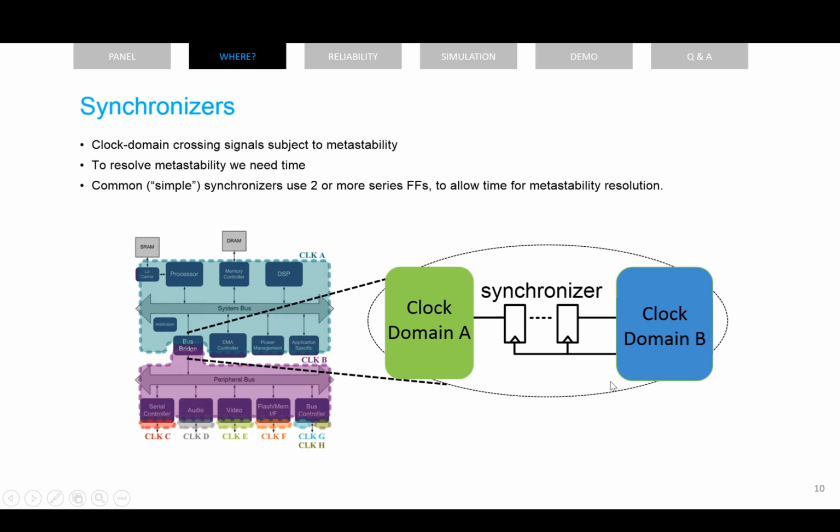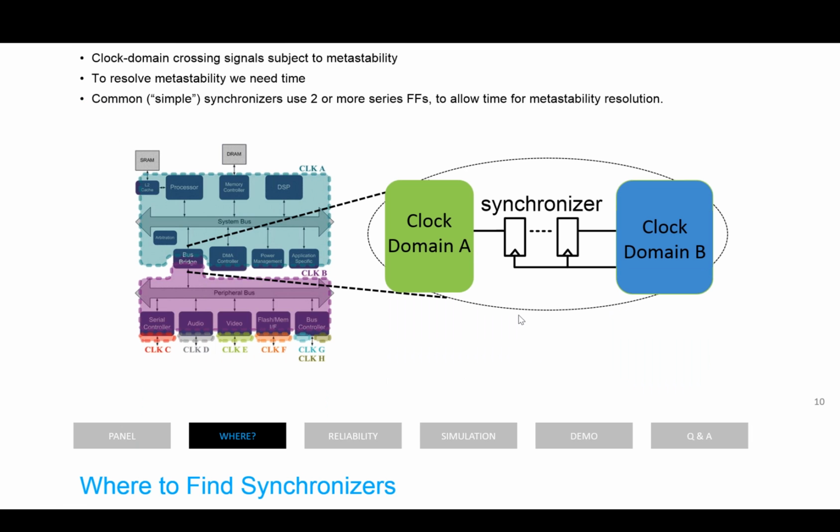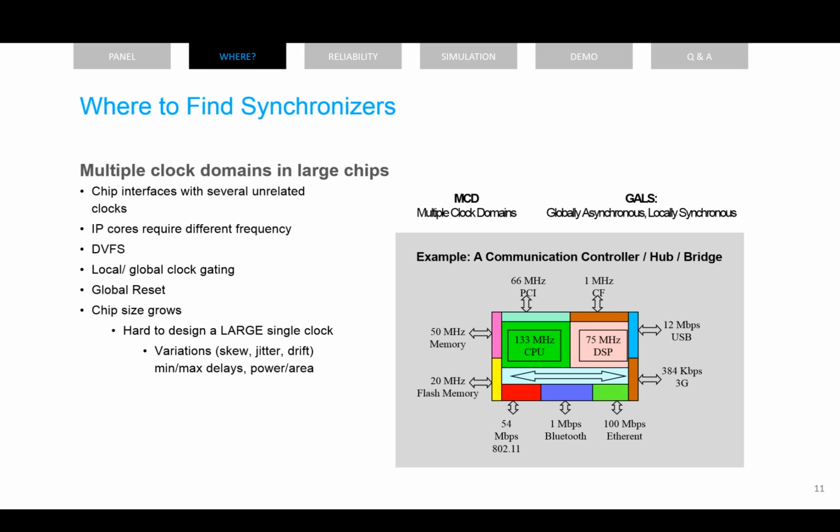And in order to communicate, those modules need to send signals from one clock domain to the other, so synchronization is needed. And the most common form of synchronization is a couple of concatenated synchronizers, as you will probably know.